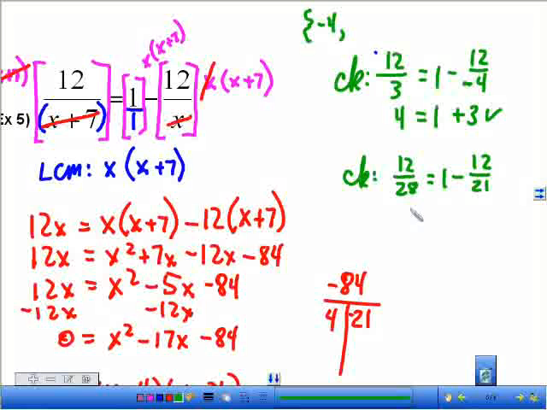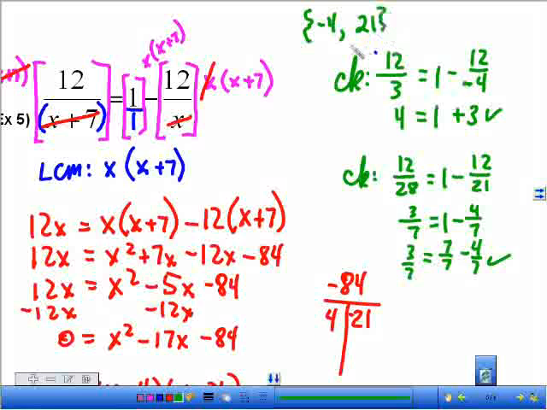This reduces to 3 over 7 equals 1 minus 4 over 7. 1 is the same thing as 7 over 7 minus 4 over 7 is 3 over 7, so that is one of our answers. So our other answer is 21. These are our two answers right here. Both of them work. They don't always both work. We're going to come to one of those examples in just a moment.